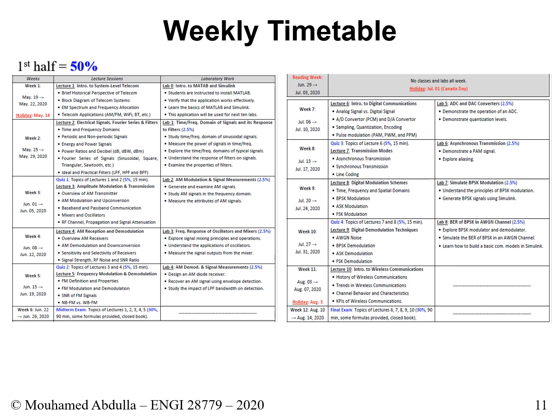So the first half is essentially 50% of your semester, and the second half is also 50% of the semester. With me, you will cover this part here. Most of the stuff that we will cover here is analog, and most of the stuff that you will cover here is digital communication. So this is where we are right now.